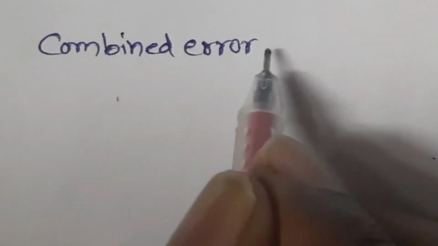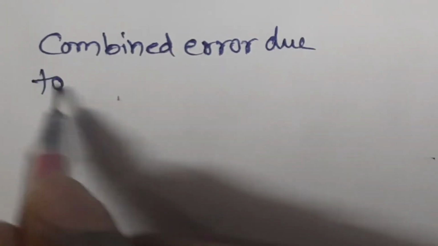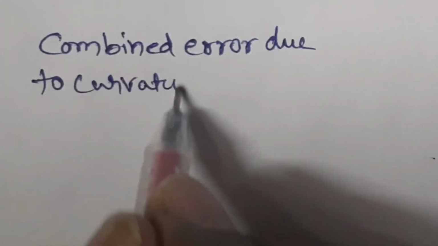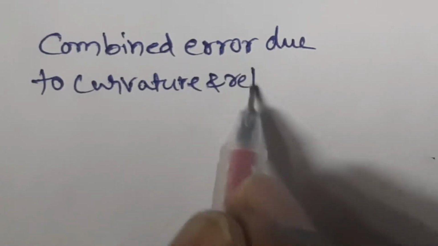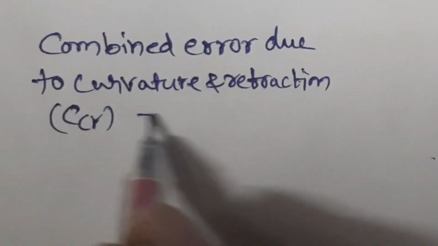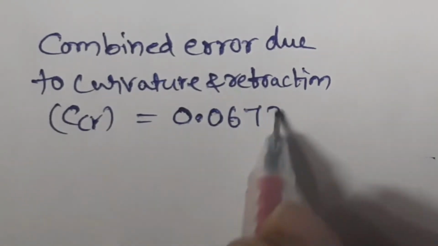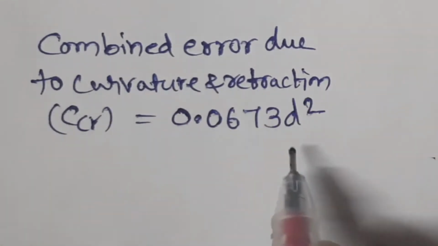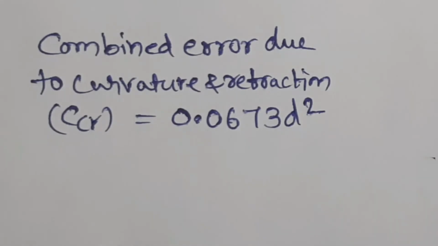We know the combined error due to curvature and refraction is equal to 0.0673 d square, where d is the distance in kilometers.